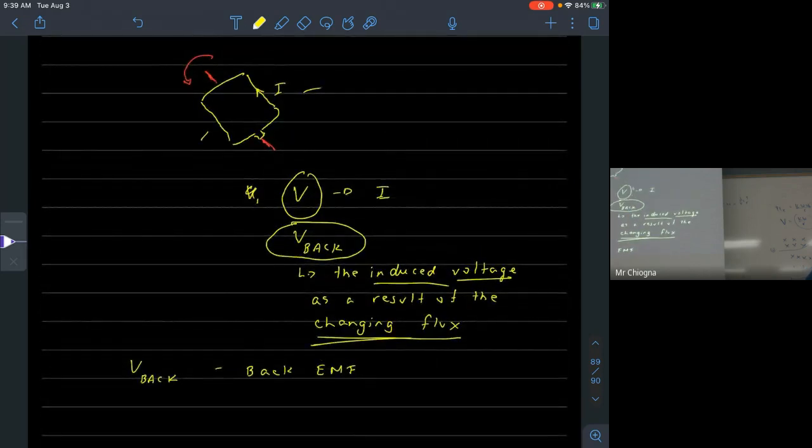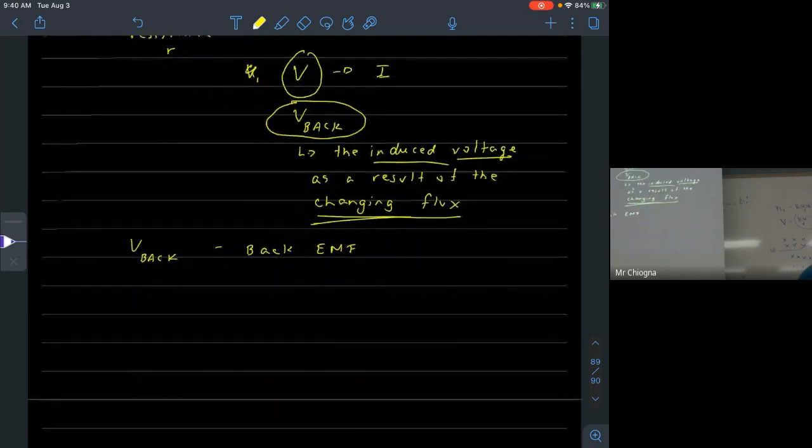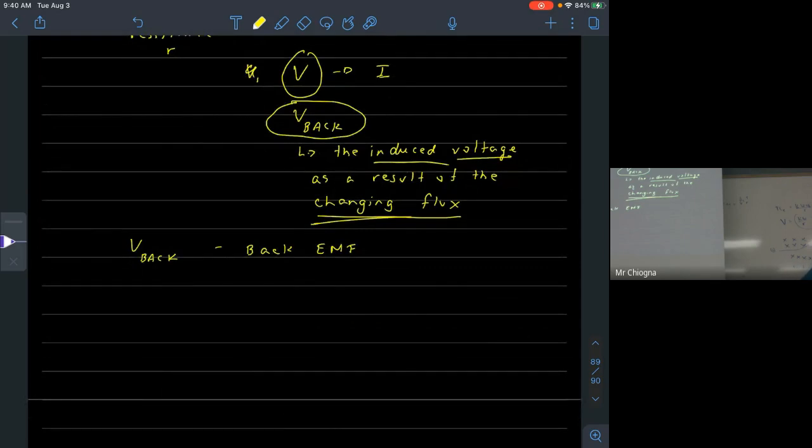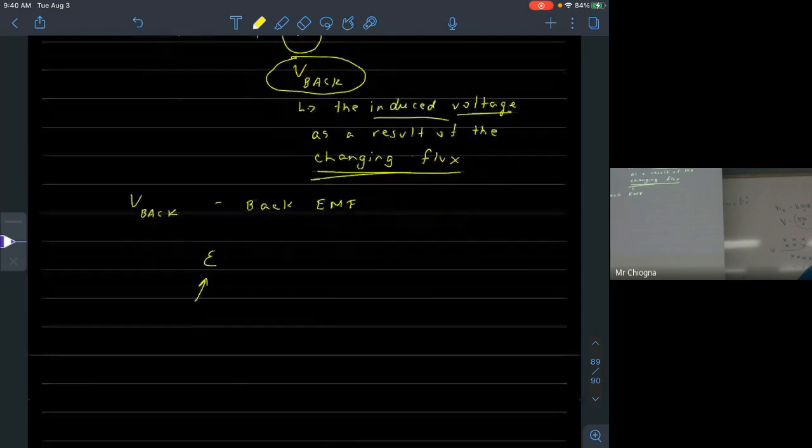Now this is a piece of wire, so it does have a resistance. Every piece of wire has a resistance R. Now normally we would have this. We're going to refer to this as, it gets a little confusing because this is no longer the induced voltage.